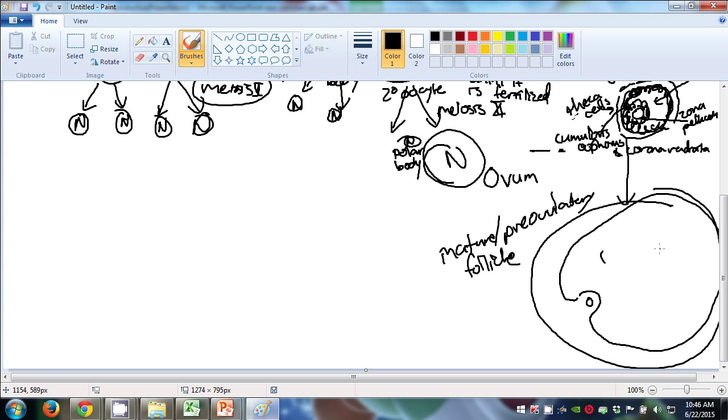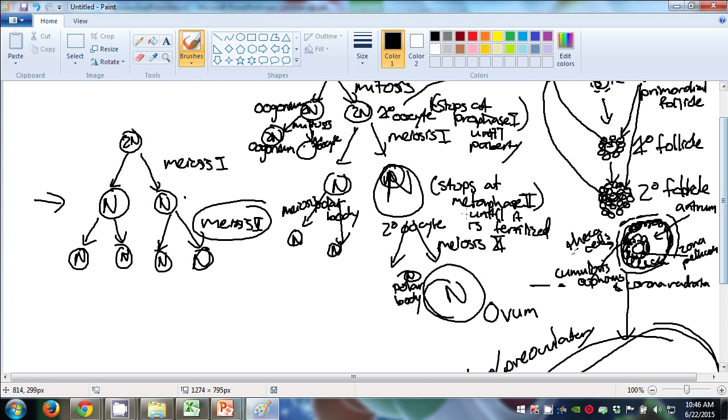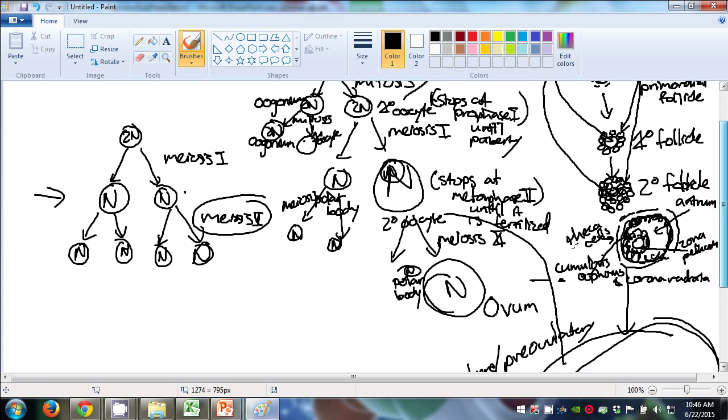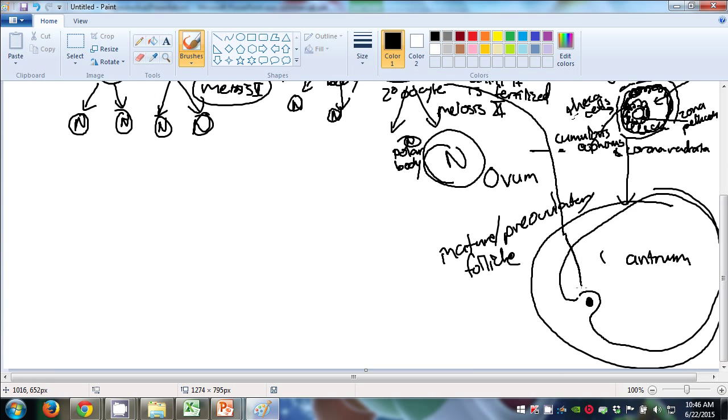What do you call this space again? Antrum. How about this cell here? Now we're at the secondary oocyte. Still has a zona pellucida around it, and around that we have the corona radiata, which is within the cumulus oophorus around that.